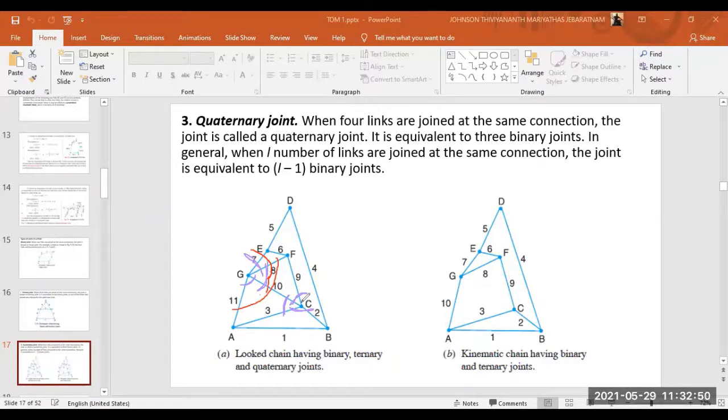So if 4 links are joined, then it is equivalent to 4 minus 1, that is 3 binary joints, right? Similarly, if 3 links are joined, then 3 minus 1, that is equivalent to 2 binary joints, alright? So this is a quaternary joint. Any doubt with this?